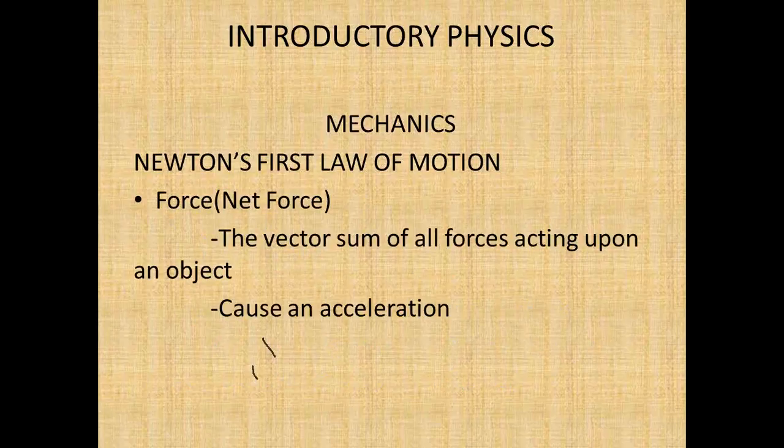We look at net force and Newton's first law. Again, Newton's first law states that an object at rest will remain at rest, and an object in motion will continue in motion at the same speed and in the same direction unless it is acted upon by an unbalanced force.